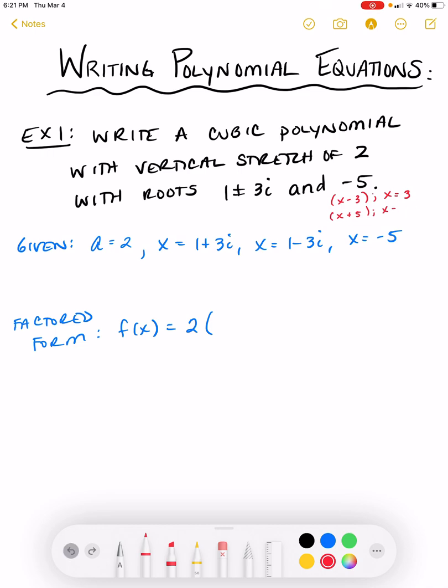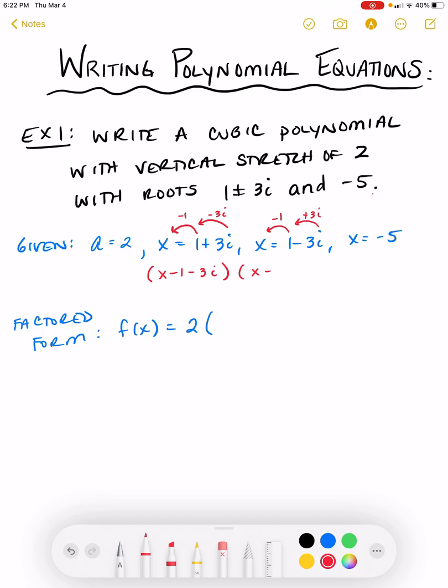And so what we need to do is go backwards and take the x equals and make it into the parentheses. So we need to think about minusing the 1, and minusing the 3i. If we get everything on the same side of x, this would look like x minus 1 minus 3i. And that would be the factor. Again, we're going to think about minusing the 1, but here we're going to add the 3i.